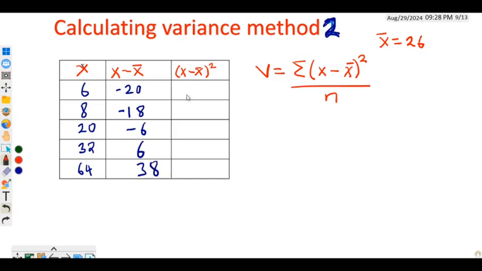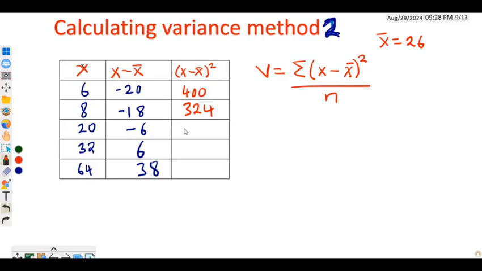Then on the other end right here, you can find the squares of these values in the middle. So negative 20 squared gives us 400. Then we can also find the square of negative 18, which will give us 324.